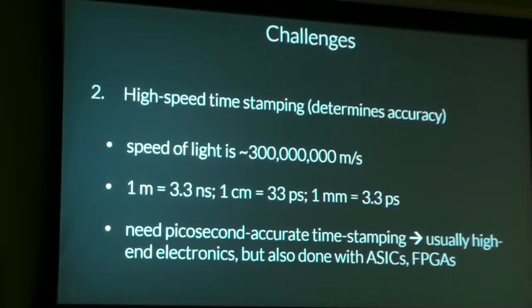So we need specialized hardware to do this, and there are sophisticated custom electronics you can buy that come in large boxes, but increasingly we're seeing these types of time-stamping circuits integrated in ASICs and FPGAs, and so the form factors are becoming smaller. This is becoming miniaturized and more accessible as well.